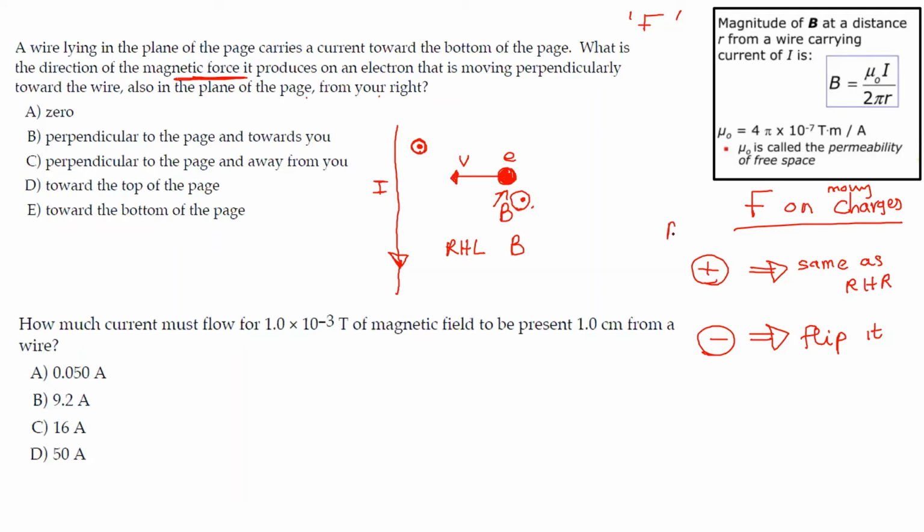So from the right hand rule, what I got was up. But that is correct for a positive charge. If our charge is a negative charge, we have to flip it. Since our charge is an electron, the direction is not up, it is down, towards the bottom of the page.